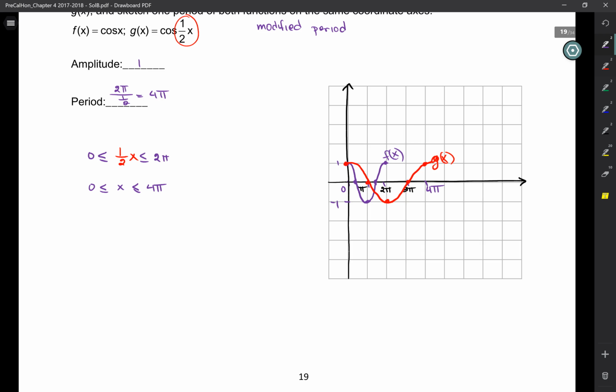So how many cycles of g of x will fit in here? 1. How many cycles of the purple? 2. So the frequency is twice as the other one.